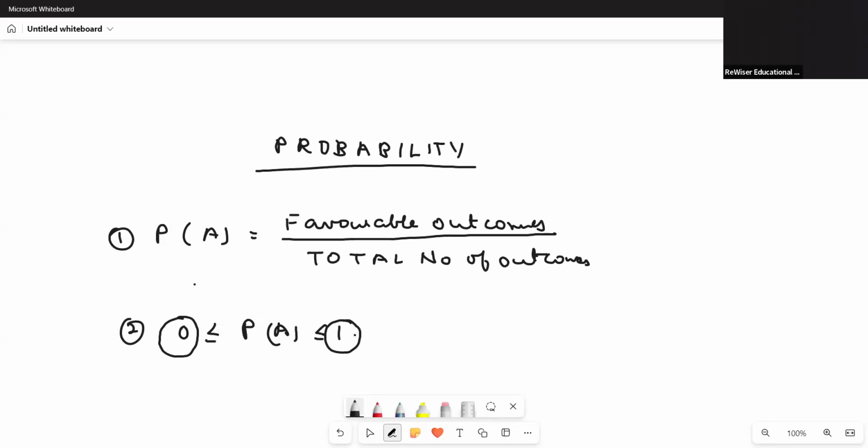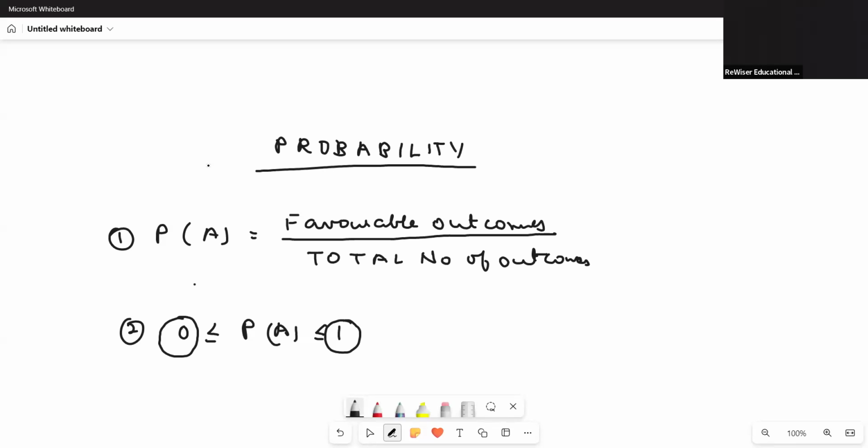We cannot have a probability which is greater than 1 or less than 0. That's because the favorable outcomes is a subset of the total number of outcomes, and at most, the subset can be equal to the total set. We can select 5 elements out of 9. We cannot select 10 elements out of 9 because that's not possible. So we say that the probability of any event should lie between 0 and 1.